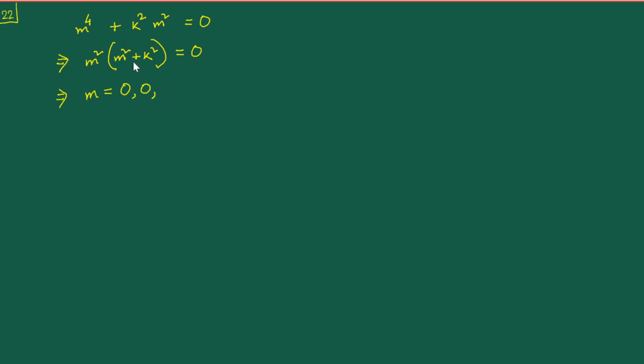For the roots from the m square plus k square equal to 0 part, we are going to have plus minus ik, where you note this i is the familiar square root of minus 1. I hope nobody will have any problem with this.